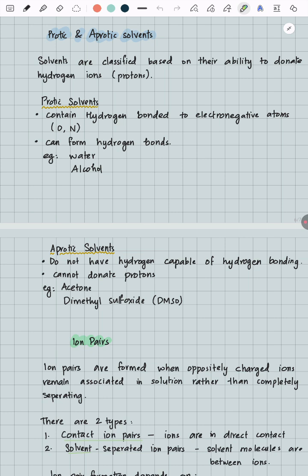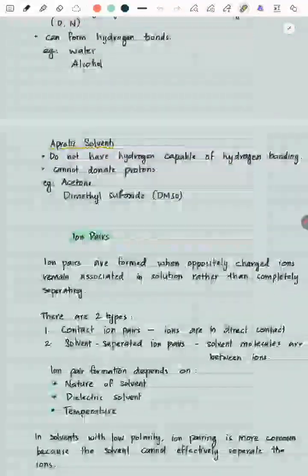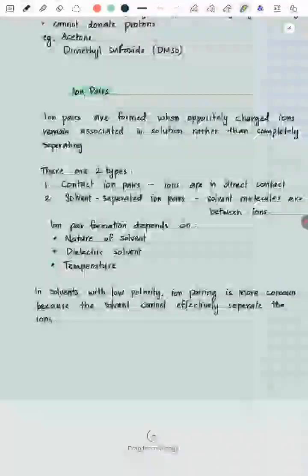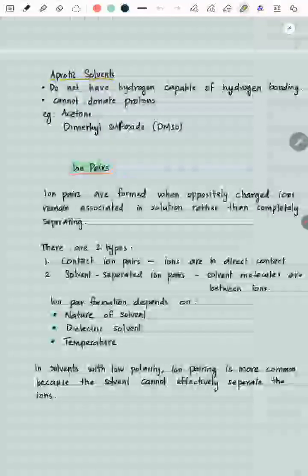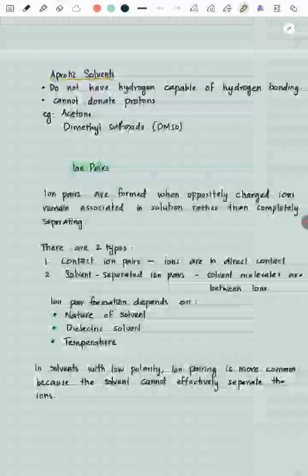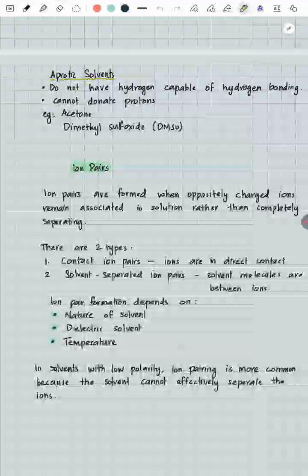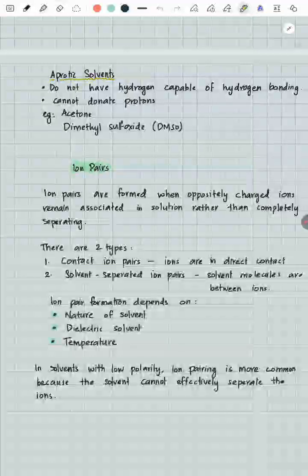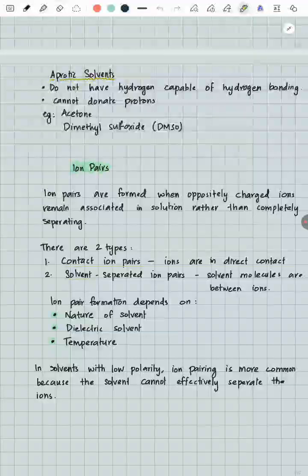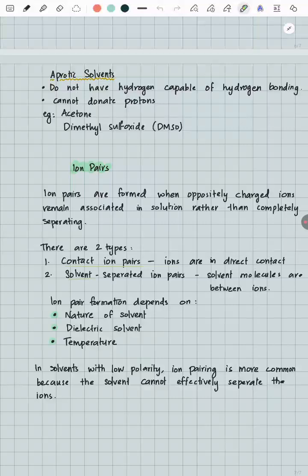Finally, let us understand ion pairs. When ionic compounds dissolve, we often assume that the ions completely separate. However, in some cases, especially in solvents with lower polarity, the oppositely charged ions remain associated with each other to some extent. These are called ion pairs. In some cases, the ions are in direct contact, forming contact ion pairs.